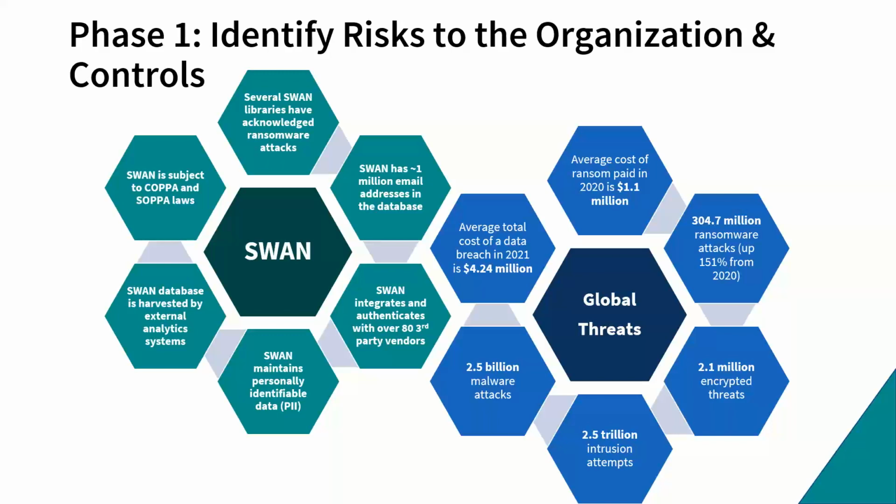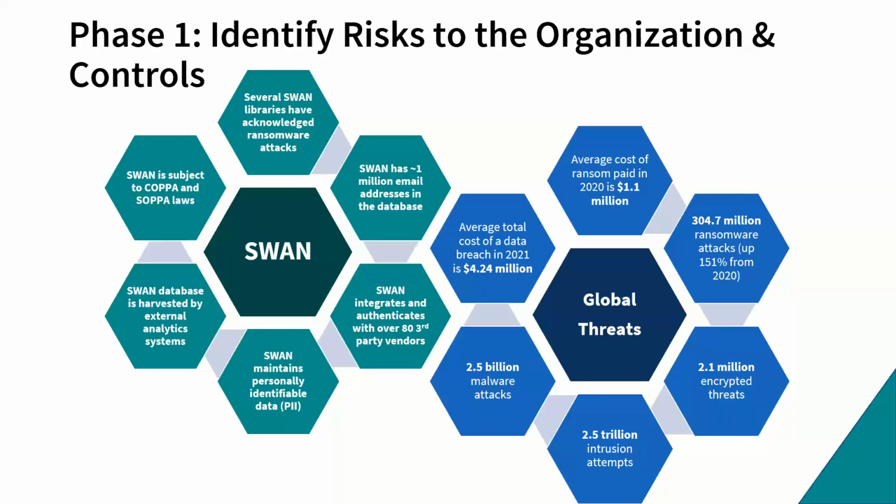There are the global threats, of course, that's ransomware, the costs of ransomware, everything that's out there and potentially impacting us. And then there's the internal threats too. So things like our libraries have acknowledged ransomware attacks, or the fact that we have over 1 million email addresses in our database that are susceptible or desirable for potential breaches.